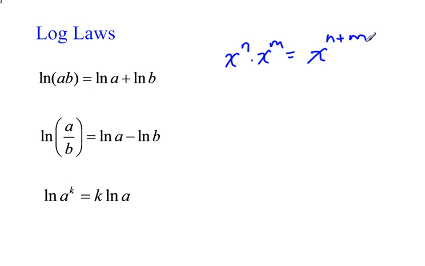Remember that a logarithm is an exponent, so multiplication turns into addition, much like when we multiply here, our powers are added. Division becomes subtraction, and then ln of a to the k turns into multiplication, just like when we have x to the n to the m, we multiply the powers. So here we've got a power to a power, and we multiply our exponents, and that's why these rules work.